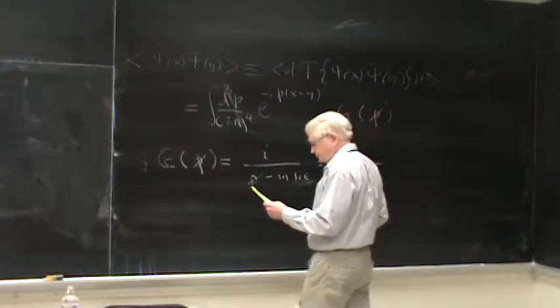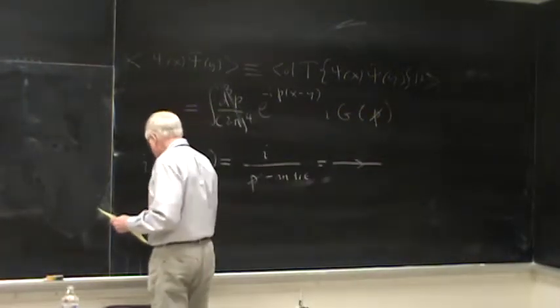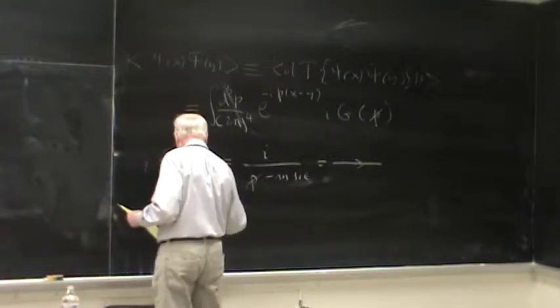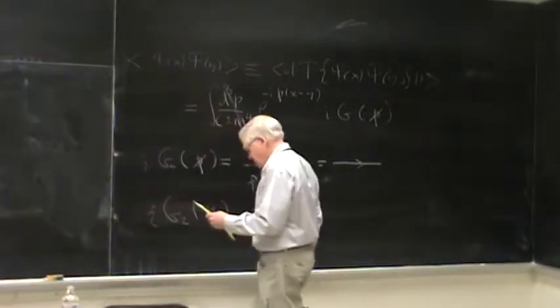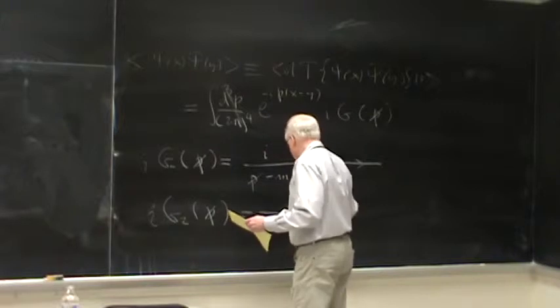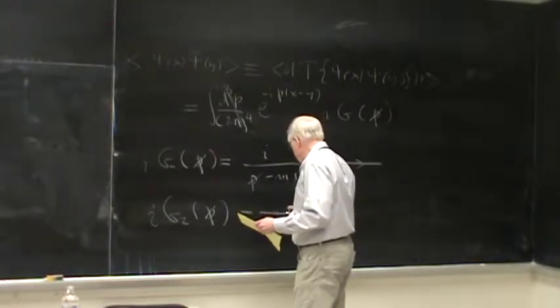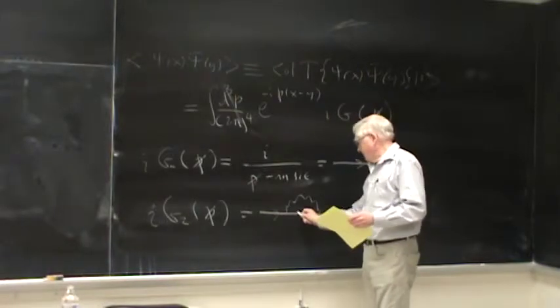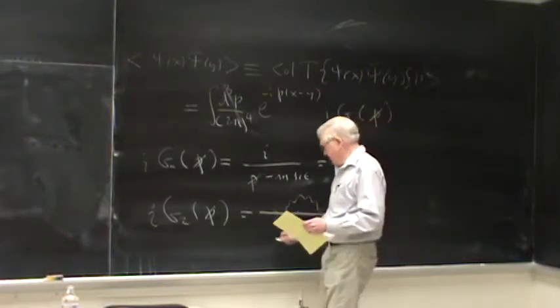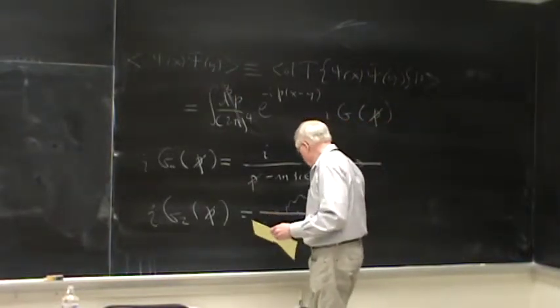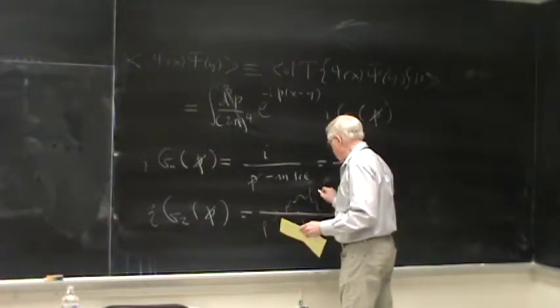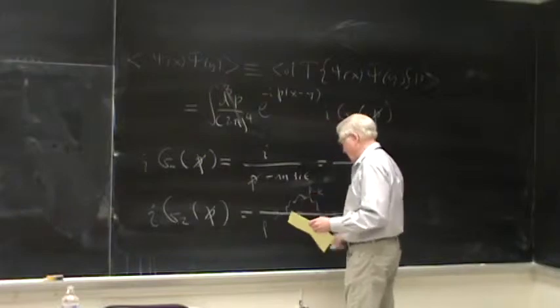Now, the next order term in perturbation theory is G2, and the Feynman diagram looks like this, where there's a photon going across: p, k, p, and p minus k if this propagator is going this way.